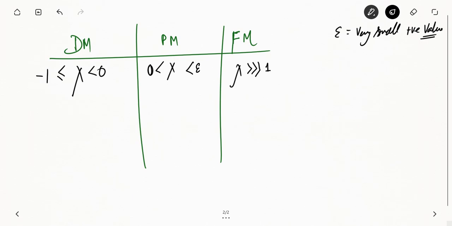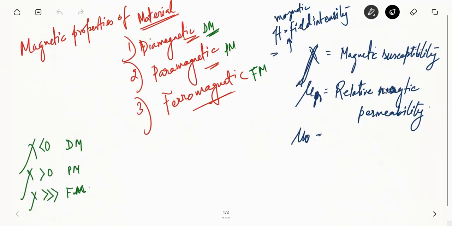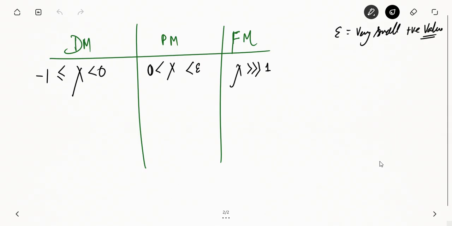You remember that. For diamagnetic material, the relative magnetic permeability mu r is less than 1 and also greater than or equal to 0.